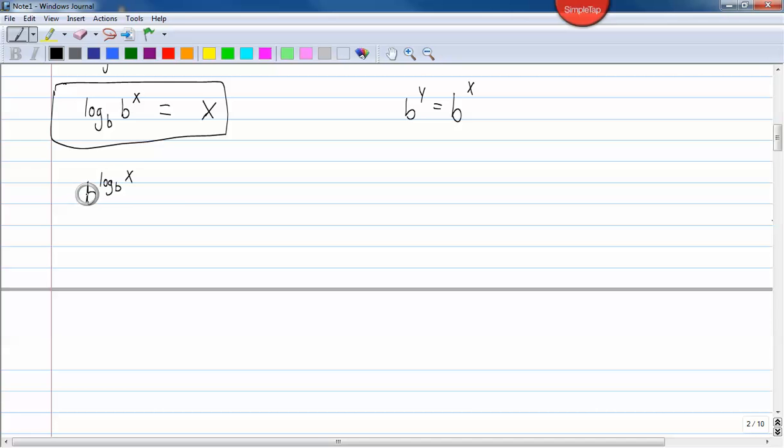Well, if this base right here, that's what you're raising this power to, and the base of the logarithm here, if they're the same, then the answer is just equal to x. So this is b to the log base b of x power, just equals x. Okay?